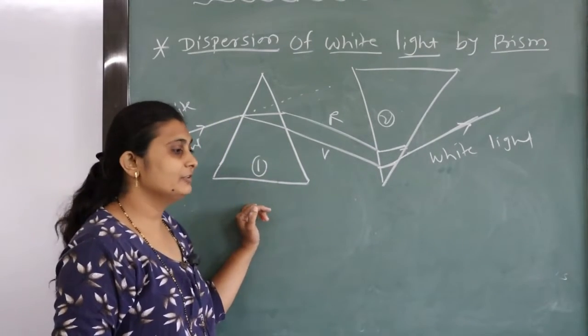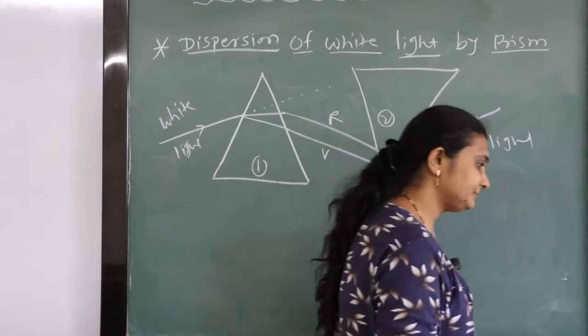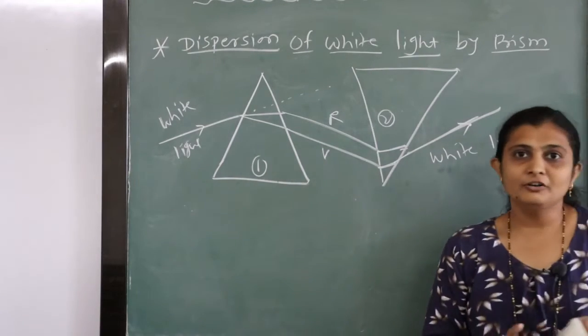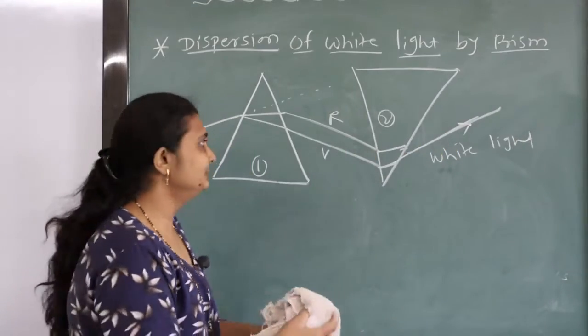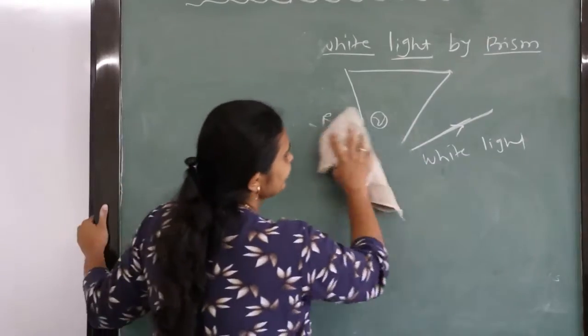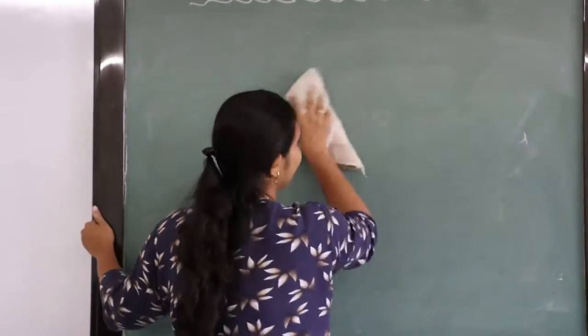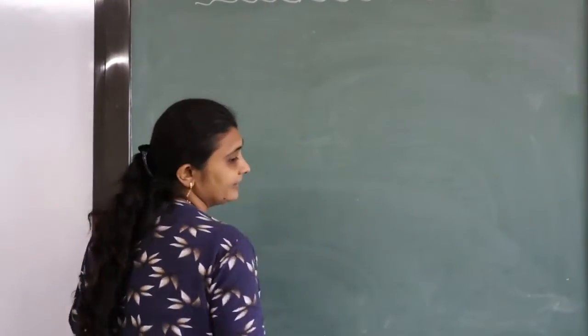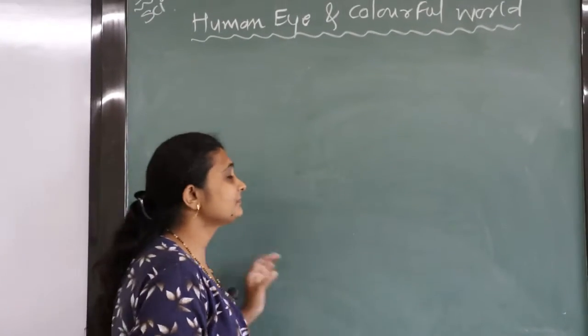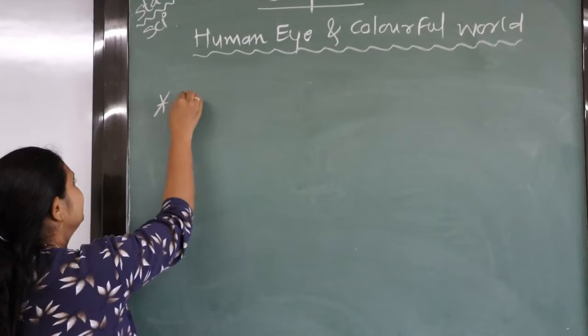Now next topic we will see is formation of rainbow. In rainy season we observe a rainbow that contains the 7 colors. Formation of rainbow.